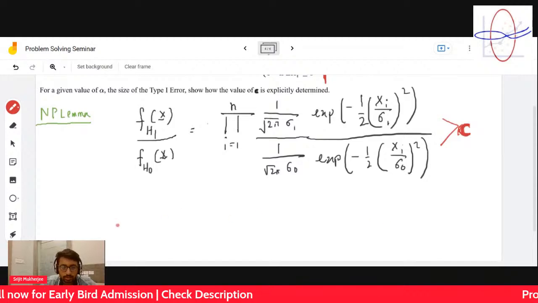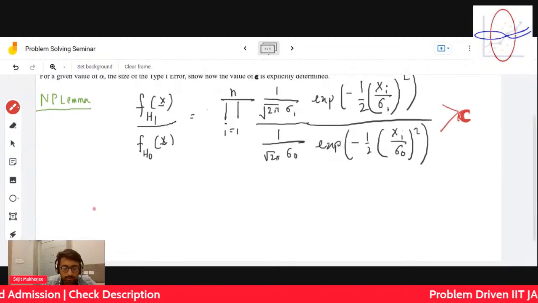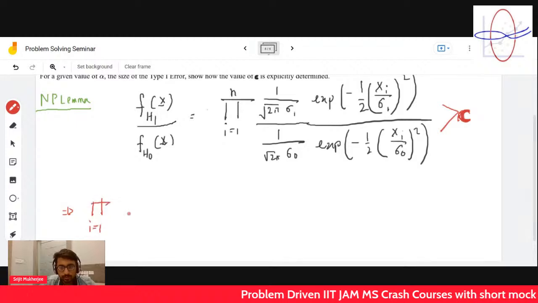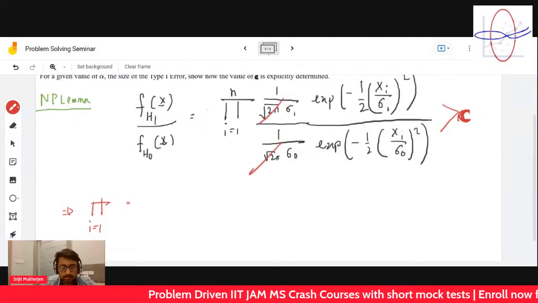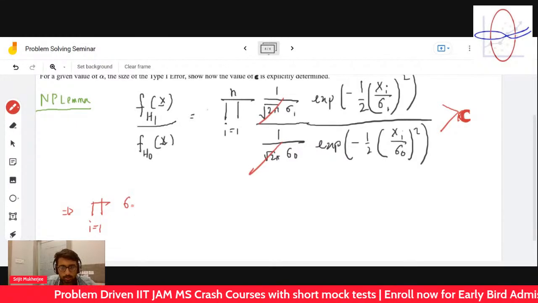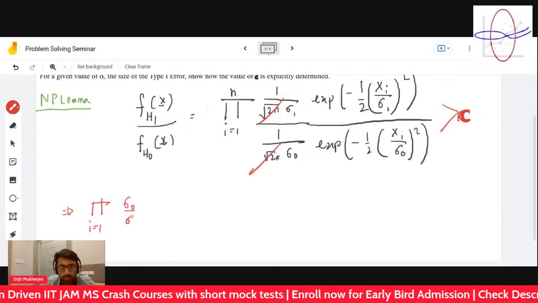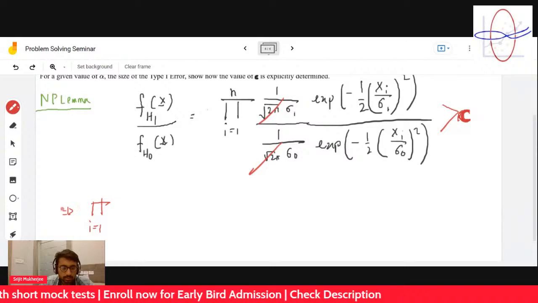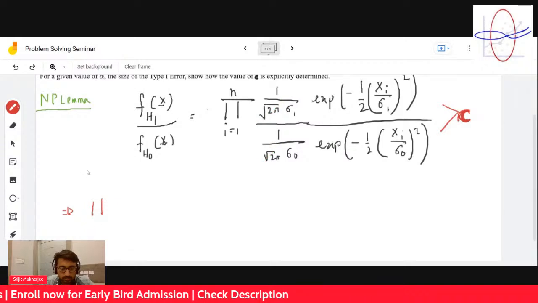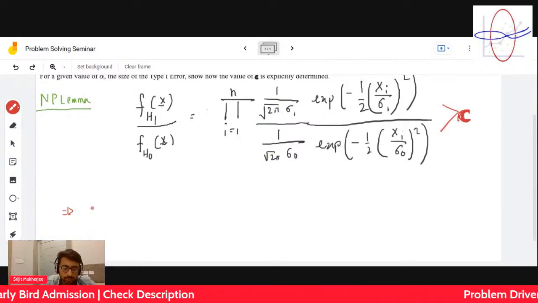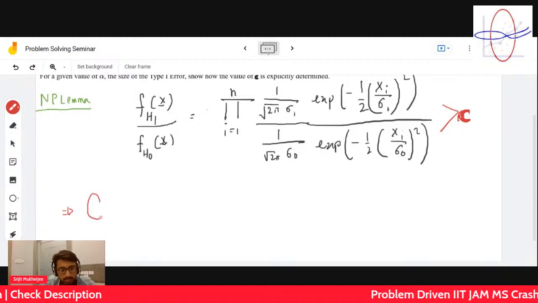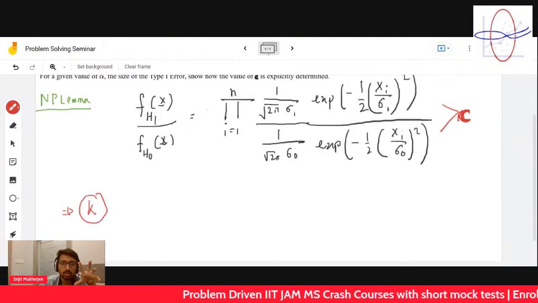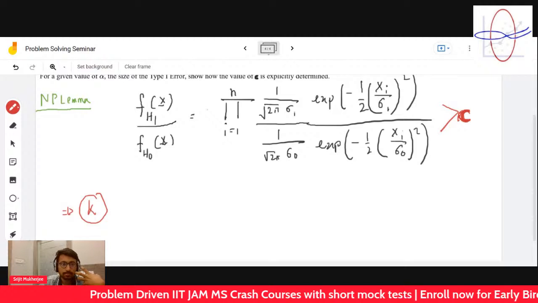So let's write it down properly. It's equivalent to saying the product: the 2 pi cancels, and the sigma naught terms are constants, okay? So these are also constants, it doesn't matter. You can always take the constants outside. So you have a big C or a K over here which contains all the constants, for mathematical simplicity.